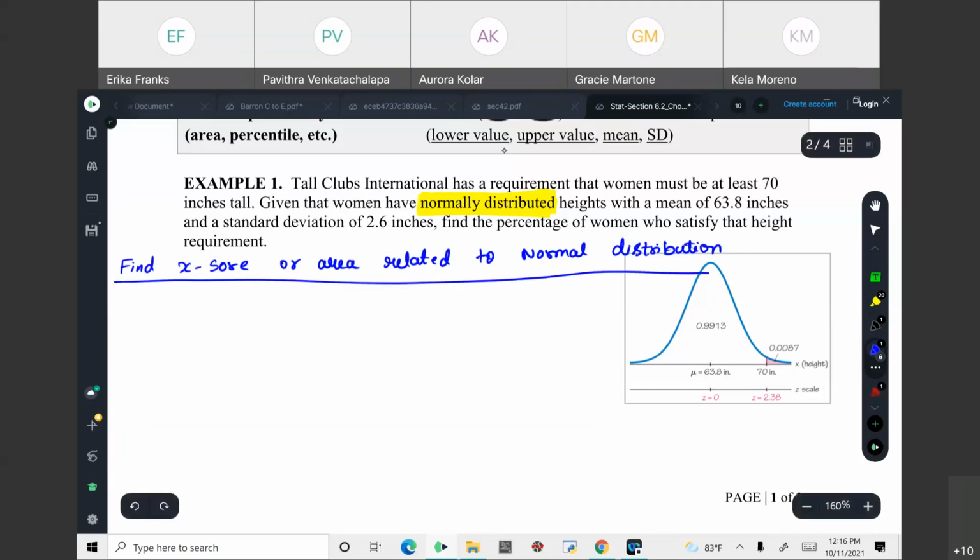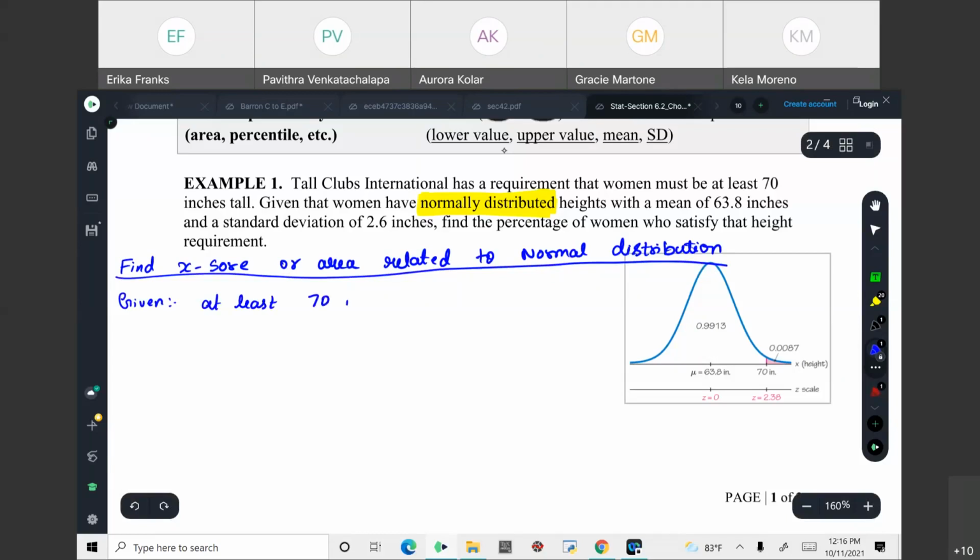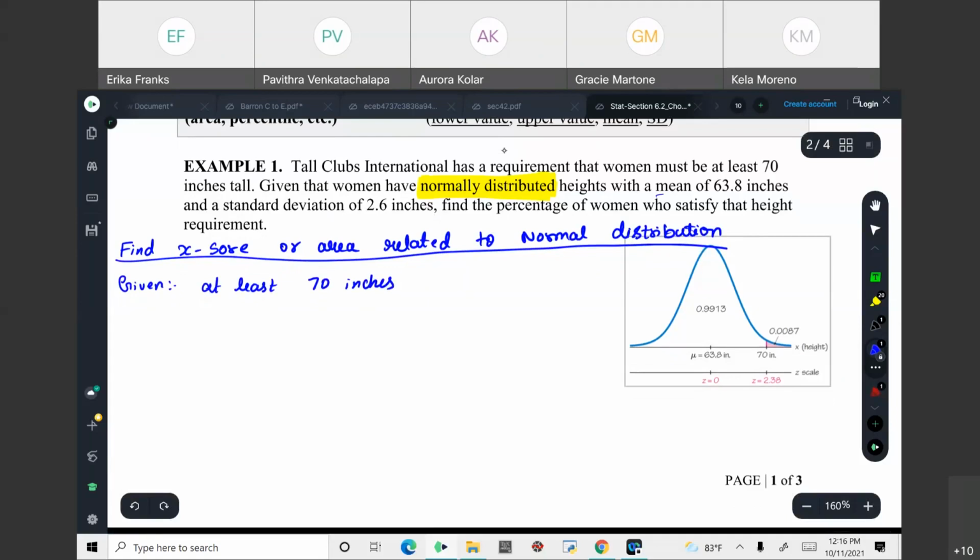Okay, now that we know it is a normal distribution, let's see what is given in the problem. They are saying it is at least 70 inches tall, okay, that we know, and they are saying that the mean, which is equal to mu, is 63.8. Okay, now standard deviation denoted by sigma is 2.6.